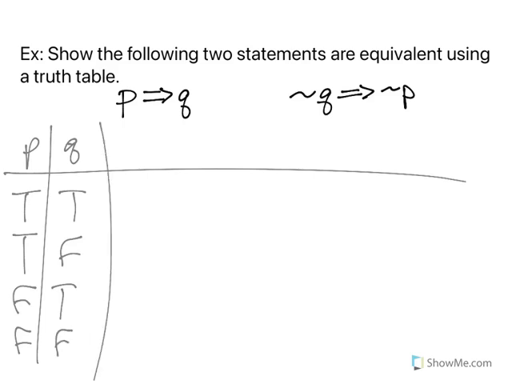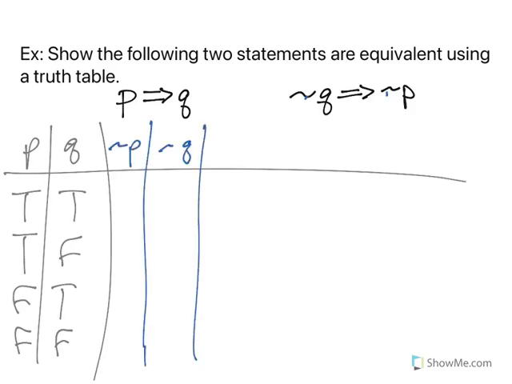Now, we do have negations, so let's have our negation columns. Remember, negating is just flipping the truth value. So not P means false, false, true, true, basically the opposite of P. And then not Q is the opposite of Q: false, true, false, true. Now we are ready to roll.